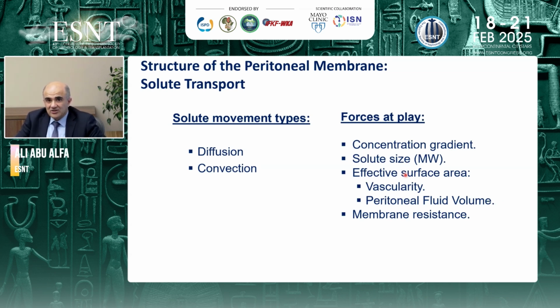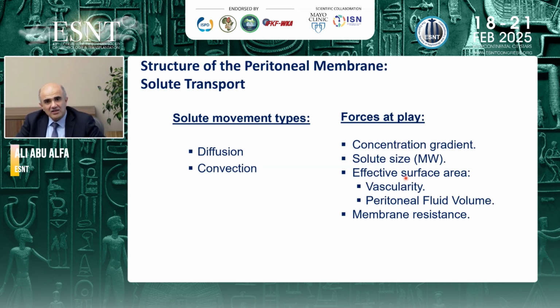When you order hemodialysis, you order a surface area, 1.5, 1.8 meters squared. Well, you can't order a surface area, you order a dialyzer, and it comes predetermined. In PD, the entire peritoneal space, if it is covered with dialysate, is potentially a dialyzer space, but it's the vascularity that actually matters.